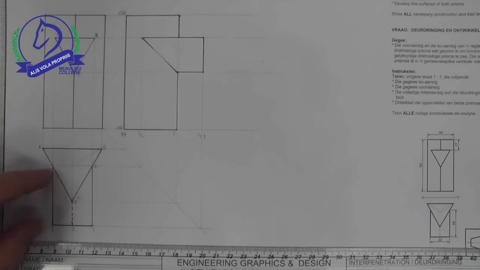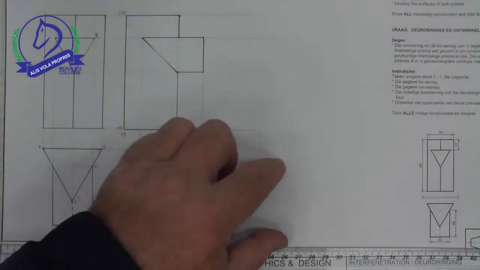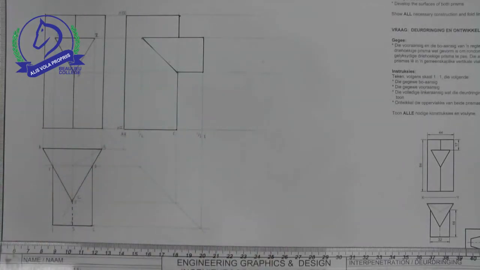Now, for the smaller branch cylinder, the branch prism, this is actually the width dimension, but we could project that straight across here to get those measurements as well. So that would be the best option to do this.